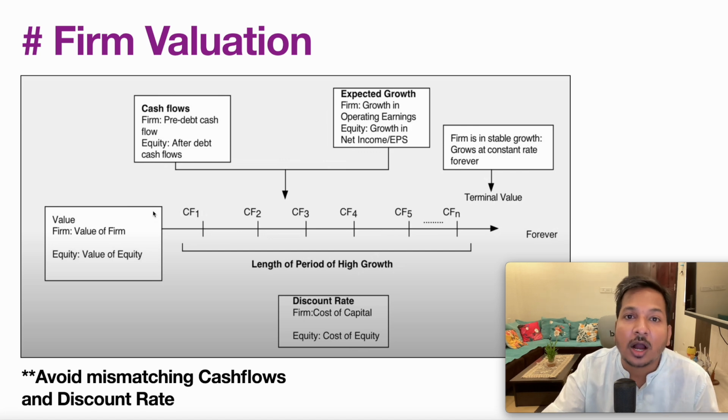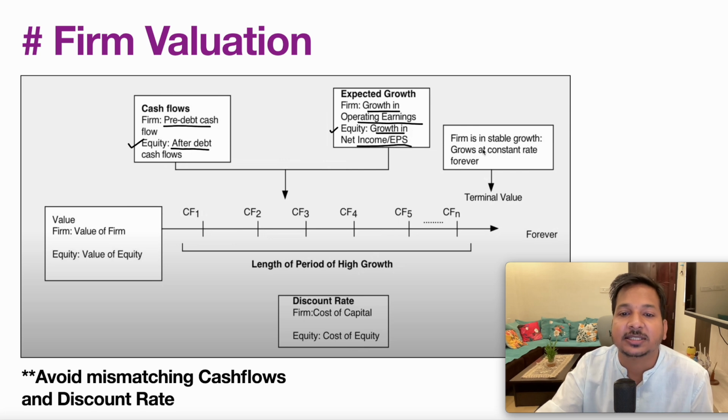Then comes how you will do discounted cash flow. For valuing a firm, you will take pre-debt cash flows, and for valuing equity only, you will take after-debt cash flows. And for the growth rate, if you are valuing a firm, you will take the growth rate of operating earnings. If you are valuing equity, you will take the growth rate of net income or EPS.